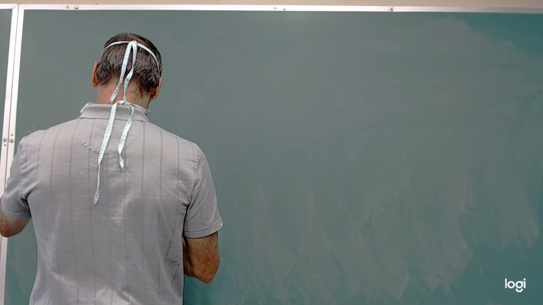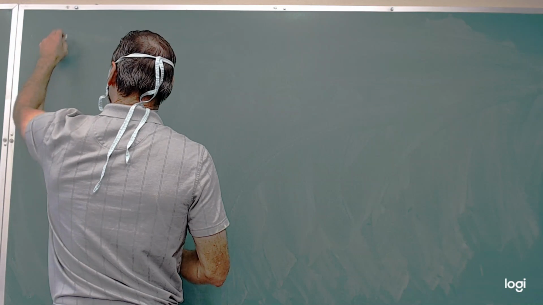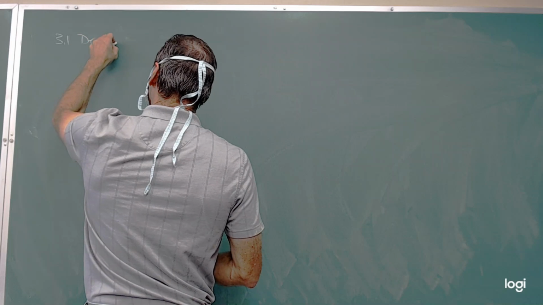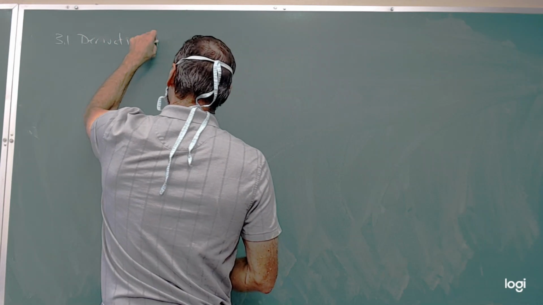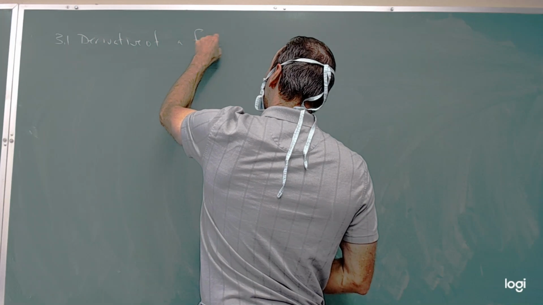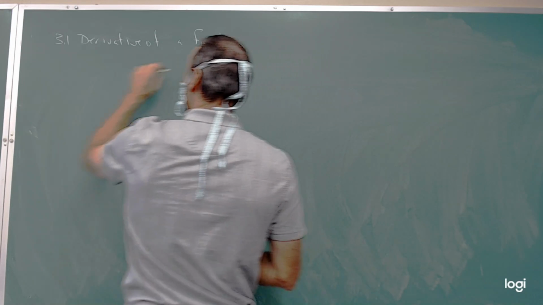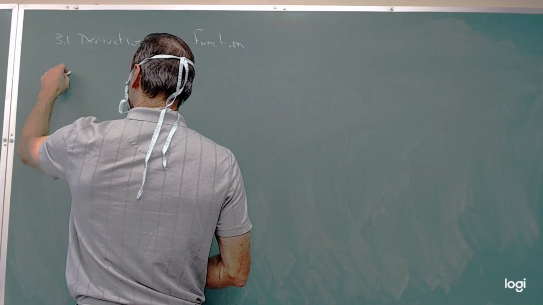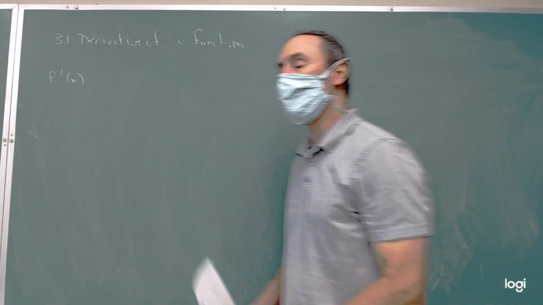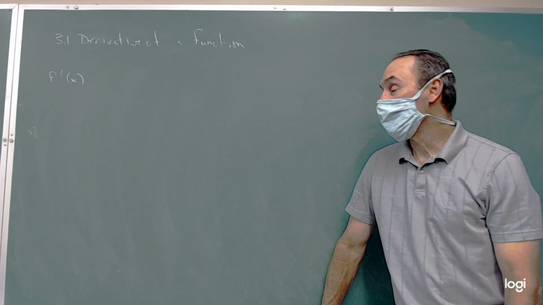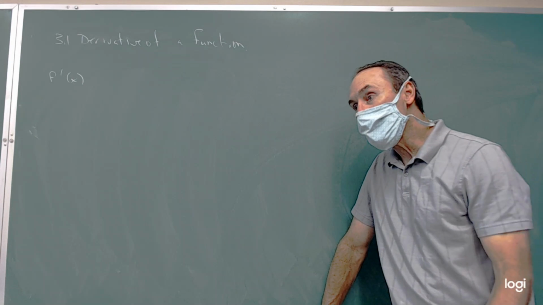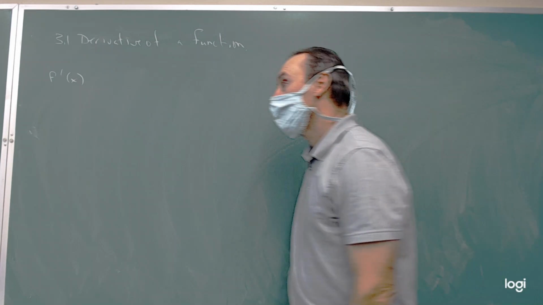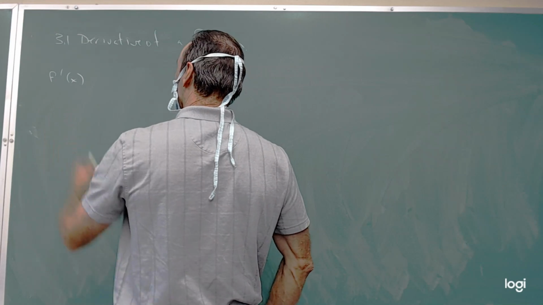So let's talk about 3.1, derivative of a function. So now we have all these notations that you guys have seen before. We have the prime notation, f prime of x, suggestive of a function.